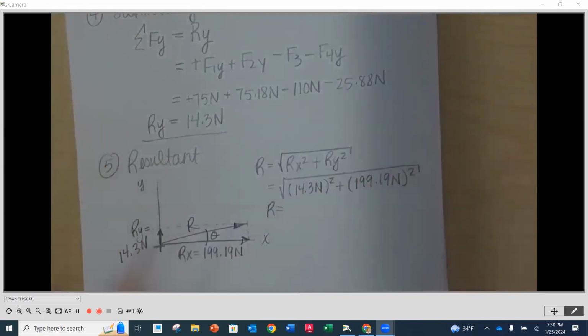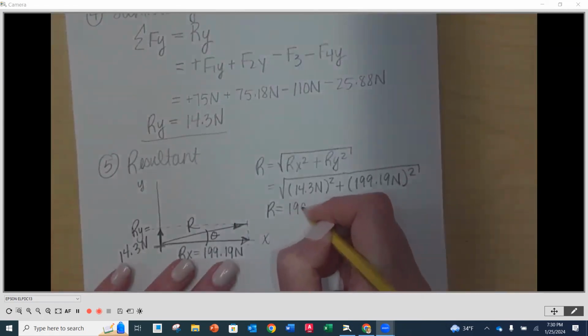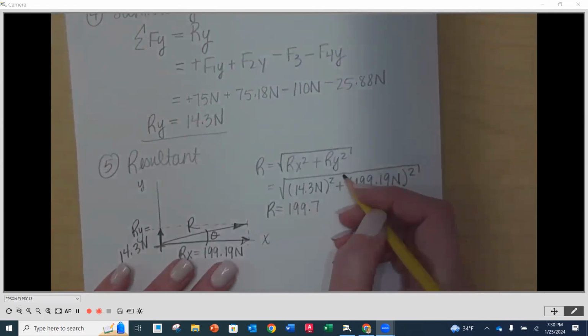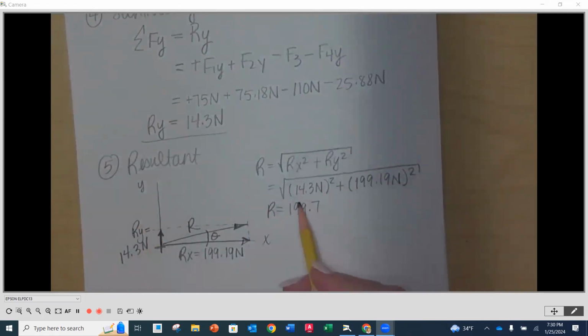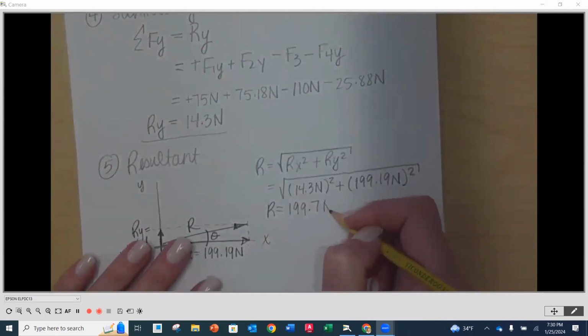So my magnitude of my resultant, I got 199.7, they got 199.6, but remember their X component is different than ours, a little bit different, and that's going to be newtons.